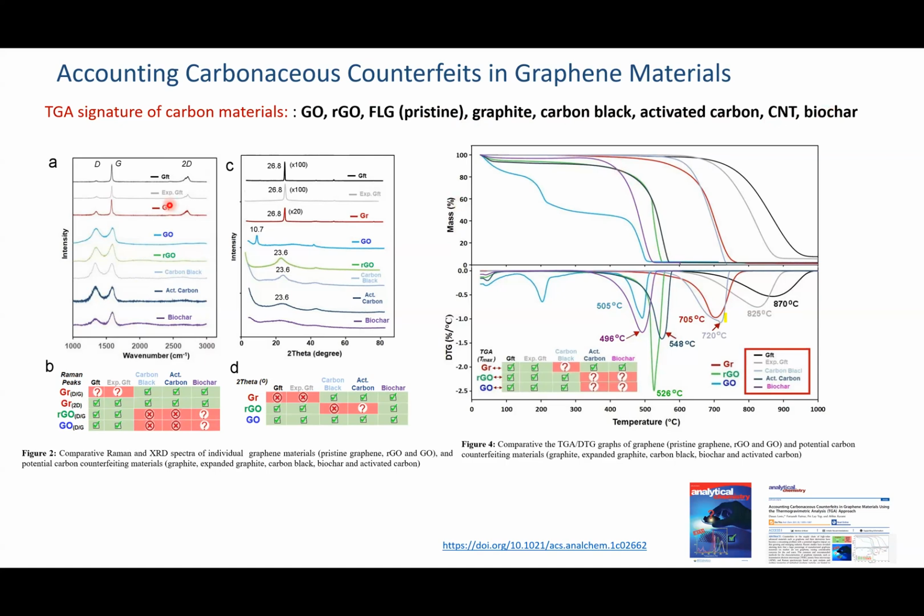Their comparative analysis by Raman, XRD, and TGA shows very nicely the advantages of the TGA method, because you can see not much difference between these materials in Raman and XRD, but TGA shows a very distinct peak for all these carbon materials, except graphene and carbon black, where they overlap.